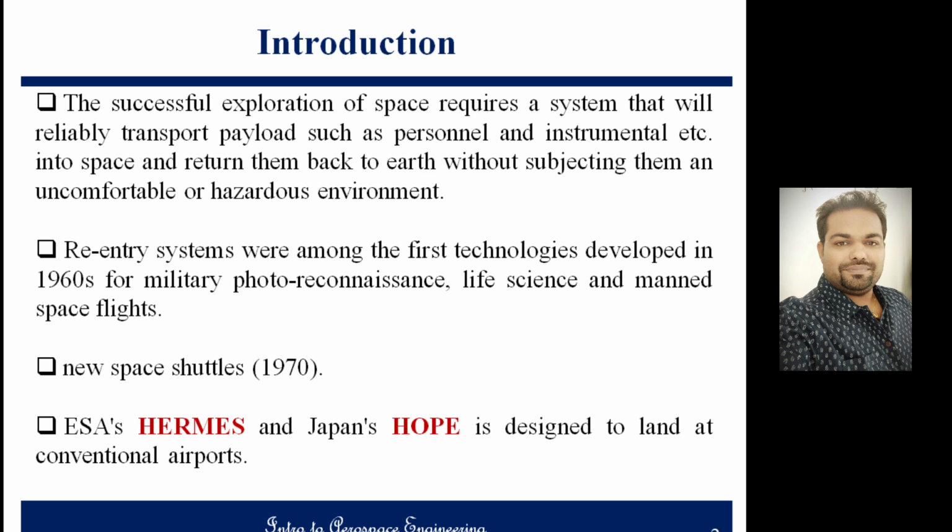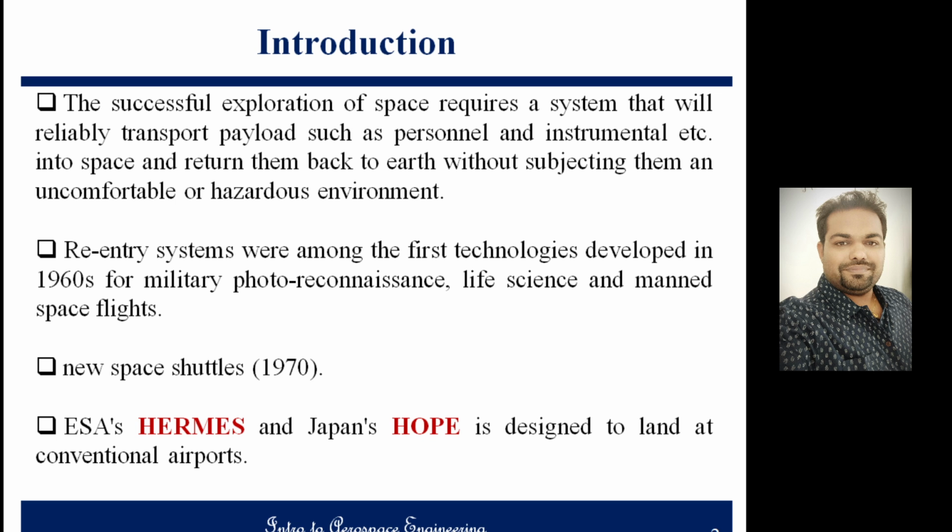As I mentioned, ESA's Hermes and Japan's HOPE are two famous spacecraft particularly designed to land on an airport like an aircraft. Hermes was basically a joint venture. It was not a single country working on the Hermes project.